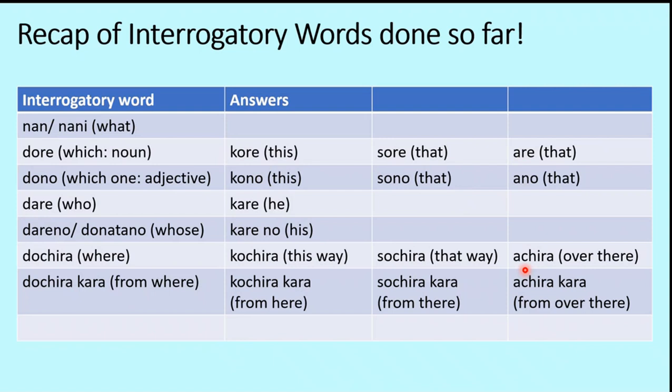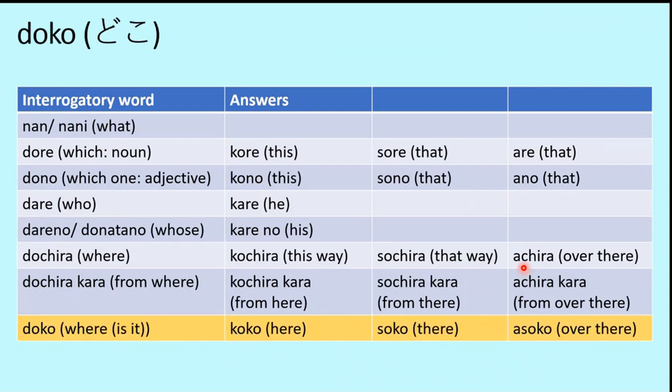So today's word is doko. So dochira and doko both are used for where questions, while dochira is the more formal or polite version of doko, but dochira is used for several other purposes as well.